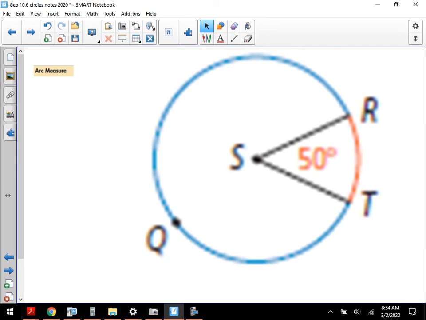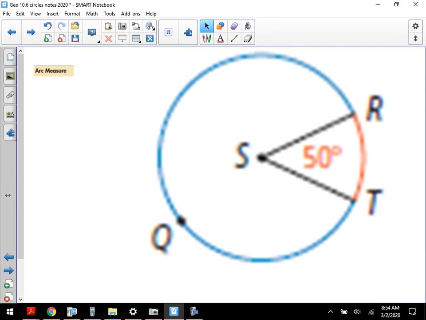Let's say I want to figure out what's the measure of arc TQR. Do I have enough information to figure that out? There's my radius. Would you do 360 minus 50?